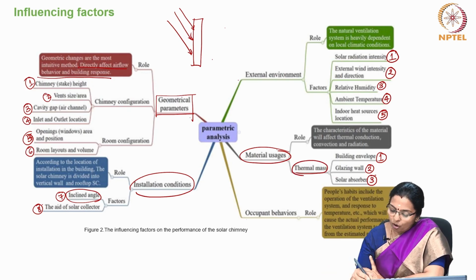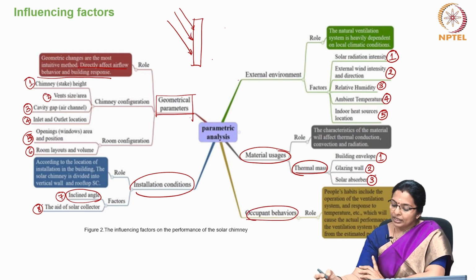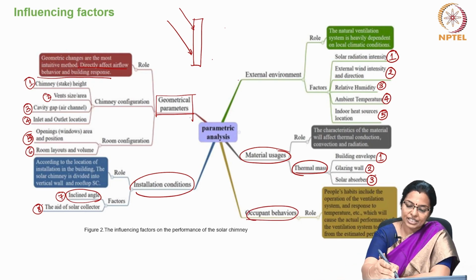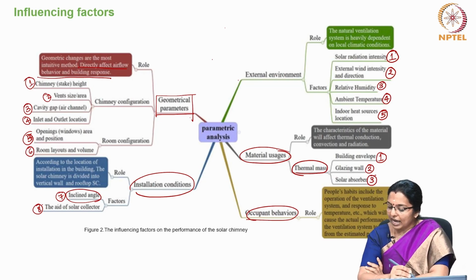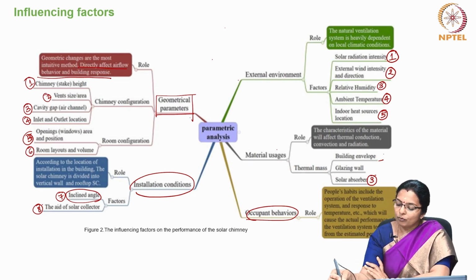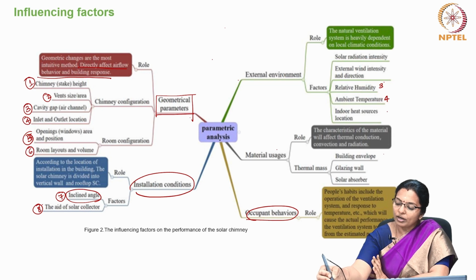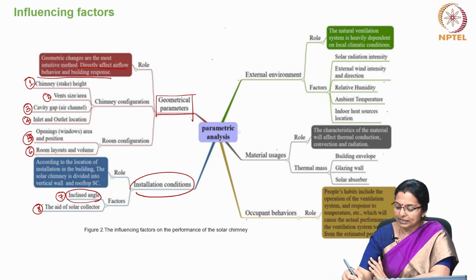And then the occupants' behavior. People's habits include the operation of the ventilation system and response to temperature, etc. This will cause the actual performance of the ventilation system to differ from the simulated or estimated performance.